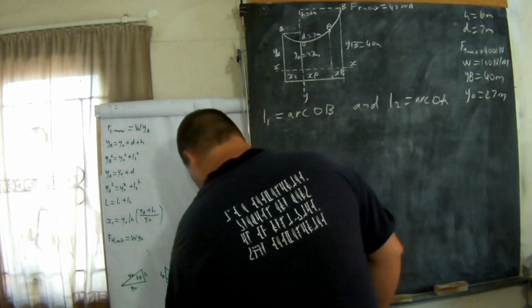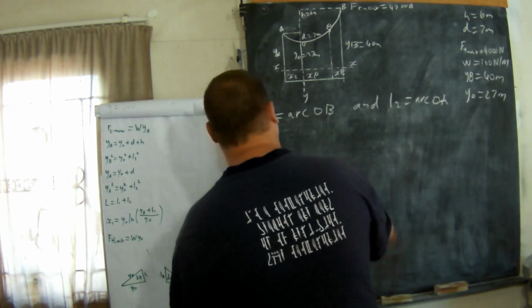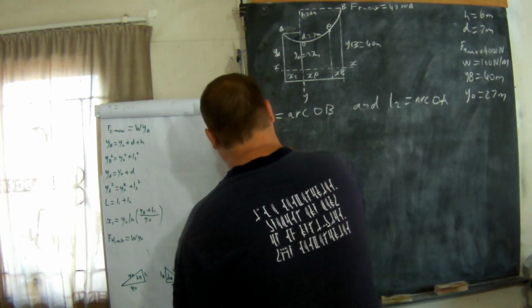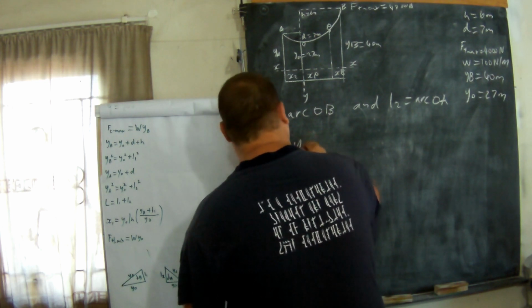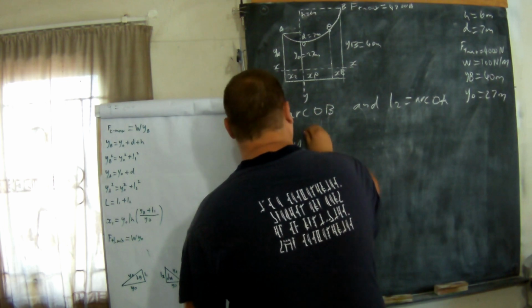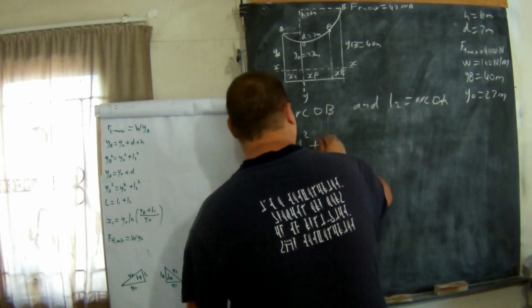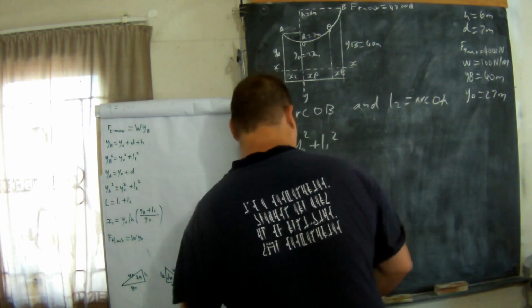So first, YB squared is equal to YO squared plus L1 squared.